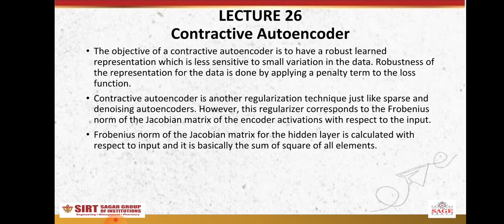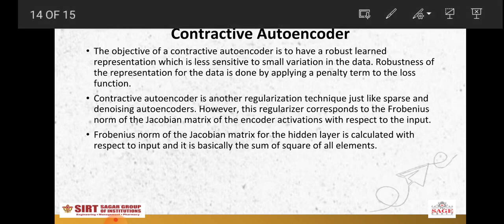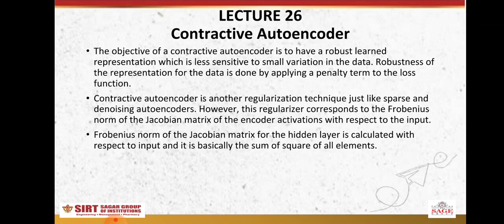The Frobenius norm of the Jacobian matrix for the hidden layer is calculated with respect to input, and it is basically the sum of square of all the elements. So you must be getting the difference between sparse, then denoising, and contractive as well.